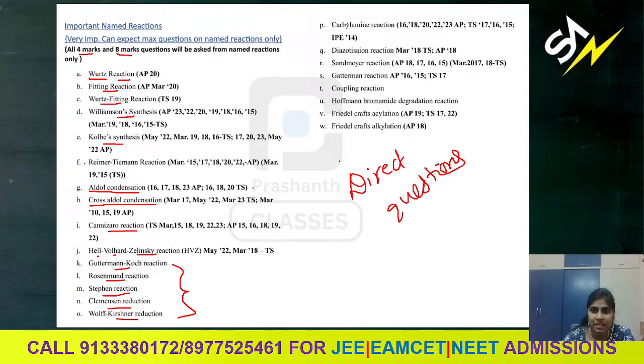Next, from amines we have the carbylamine reaction, for preparation of primary amines. Next, the diazotization reaction, Sandmeyer reaction, Gattermann reaction. We have the coupling reaction also, and the Hofmann bromamide degradation reaction, which is also very important. And Friedel-Crafts alkylation and acylation are also very important reactions.